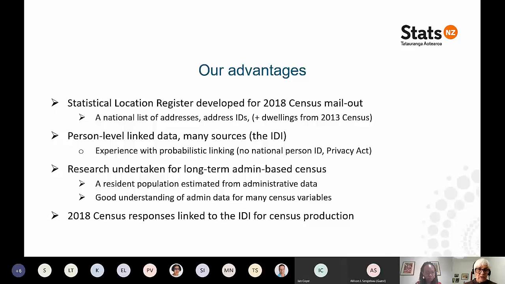So we did have quite a good estimate of the resident population that we'd obtained from administrative data. And we had quite a good understanding of what administrative data we could use for many variables. And we had already, as part of our census processing system, been linking the census responses into the IDI. So that was where we were at in April 2018, needing to extend that methodology and develop in ways that would allow us to add people back into the census file.